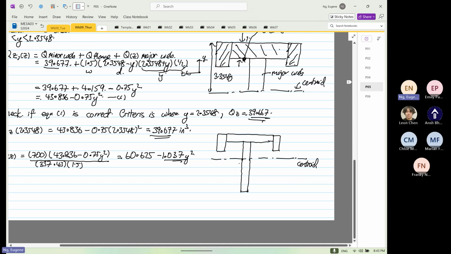Okay, so what we have is a value over here. If this is our shear, this is 10, 20, 30, 40, 50, 60, 70.